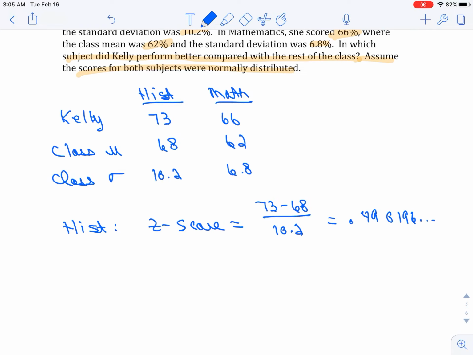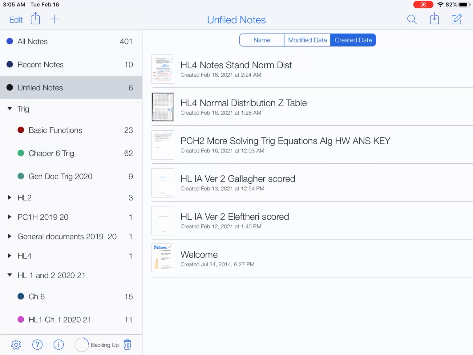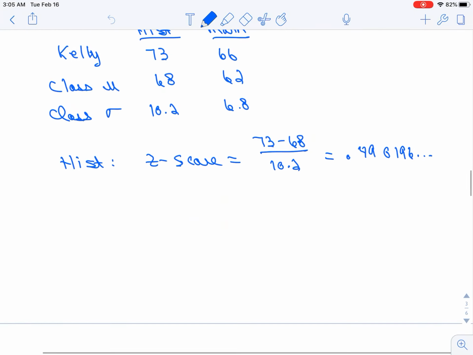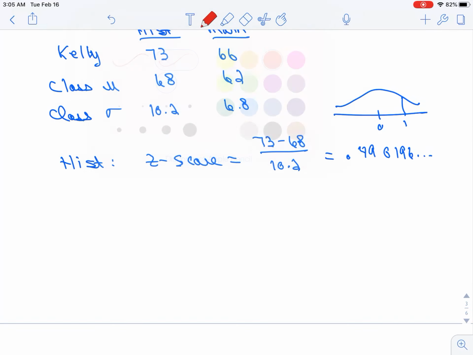So remember that would appear on the z distribution, as of course this is 0, this is 1. So 0.49 would be about halfway here. Basically what that's saying is that she scored 0.490 above the mean.